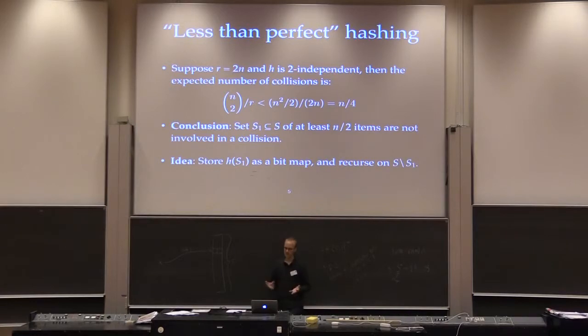So even a pretty weak hash function like a 2-independent one is actually going to have a lot of items for which it's perfect. Now the simple idea, which only appeared in the last 10 years in the literature for some reason, is simply to store the unique hash values as a bitmap, and then you recurse on the rest of the items.